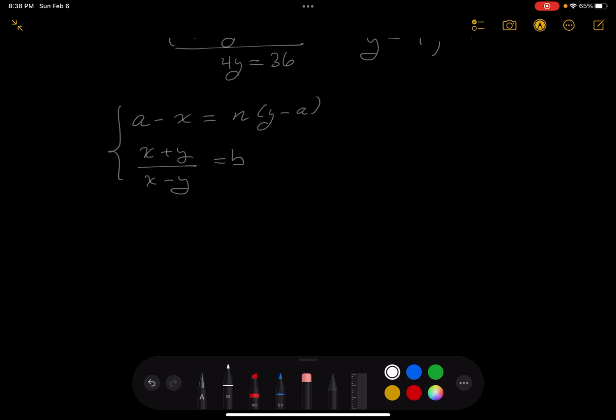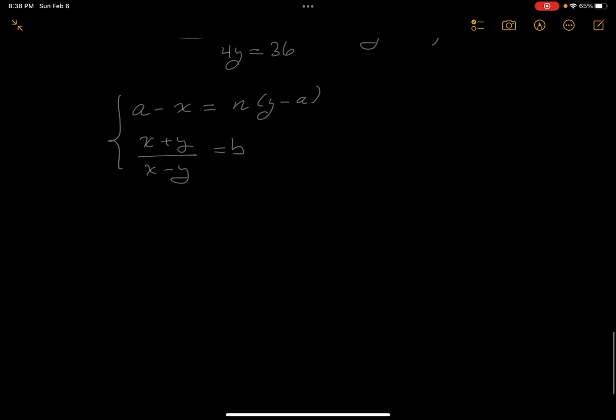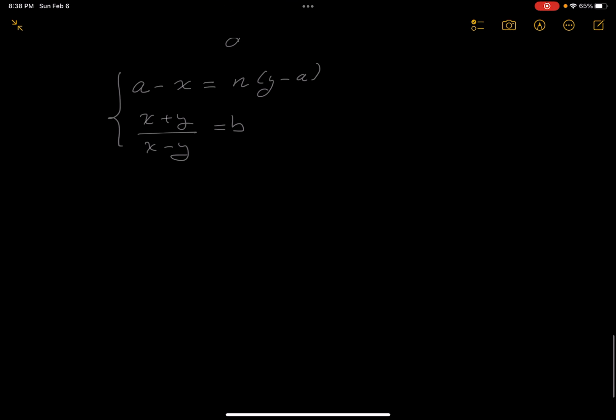All right? So what I'm going to do now is simplify the top equation and the bottom equation, and I got to be careful. This is going to be a minus x equals n times y minus na. I'm going to rearrange that so the x's and y's are together.